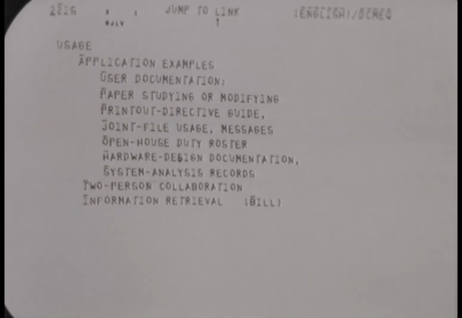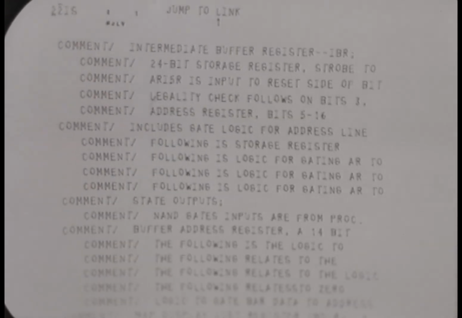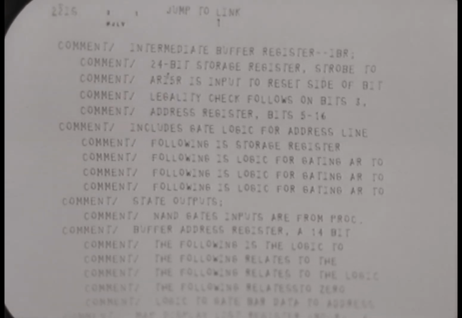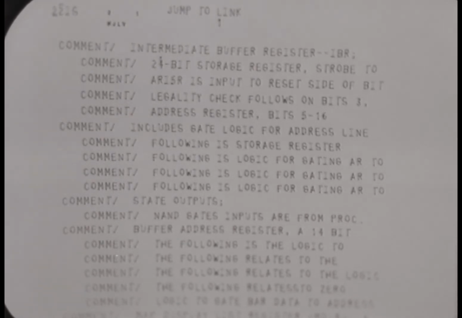I'll jump very quickly to that, just to show you that we use the same kind of structured material in the design of our hardware, where here is the design of a buffer register, and these are the different components labeled by comments in a language that's going to digest this file and produce a wiring list. We can open up another level and see that underneath these are all the logical equations. We can come in just as quickly as anything, search down for different patterns, jump on links, modify them, put them out, recompile them, and we're back.